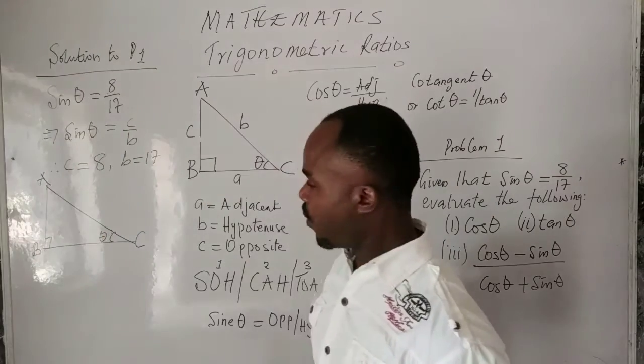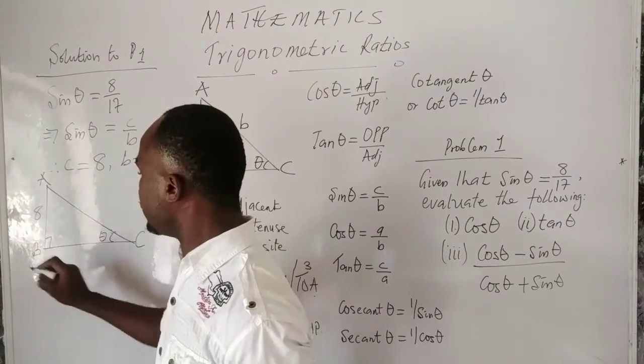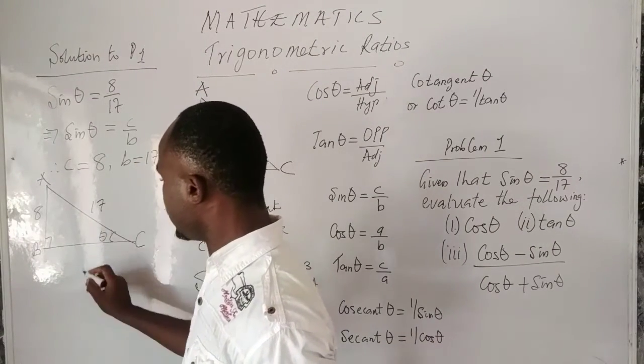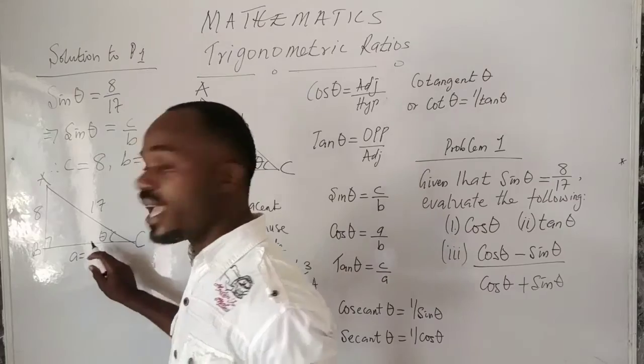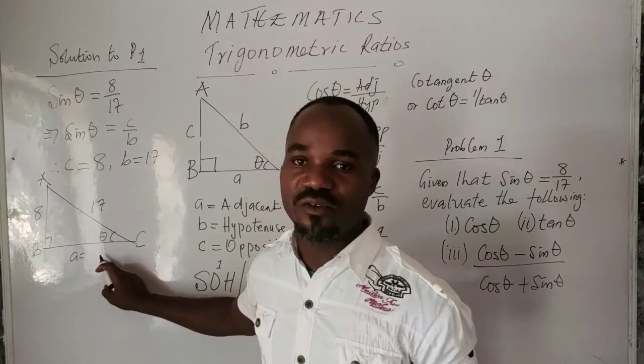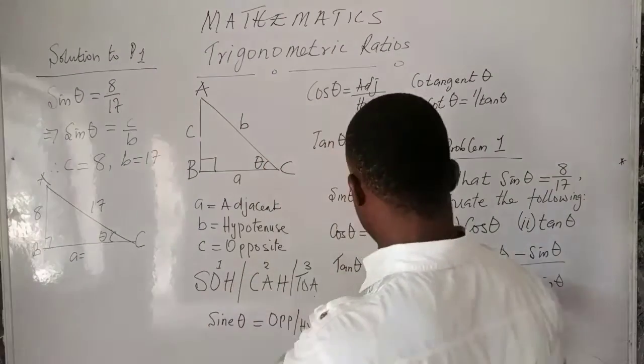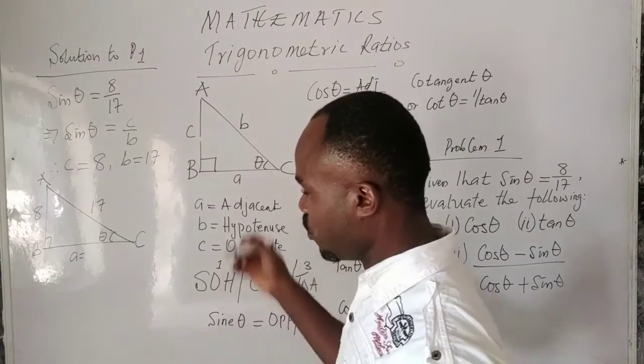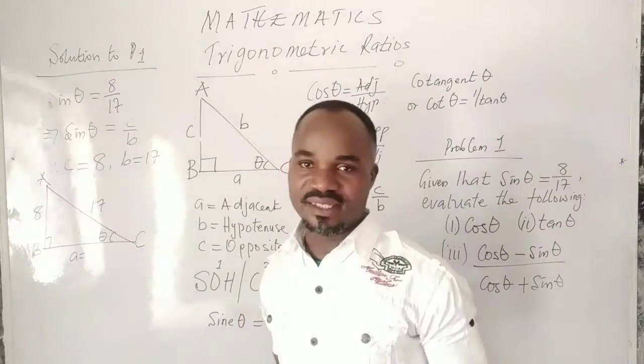The opposite is given as 8, hypotenuse is given as 17. Then the adjacent side is actually the side we are looking for that will enable us to solve this question. So how do we go about this?